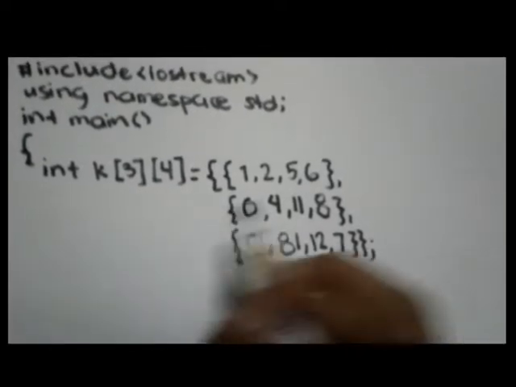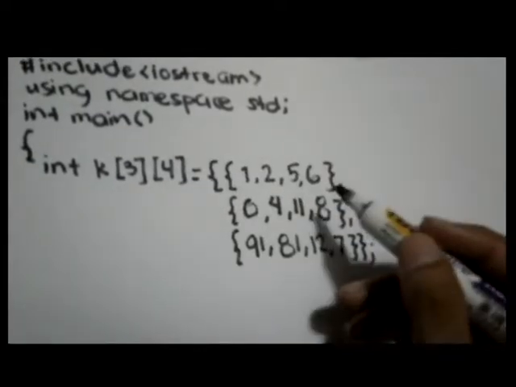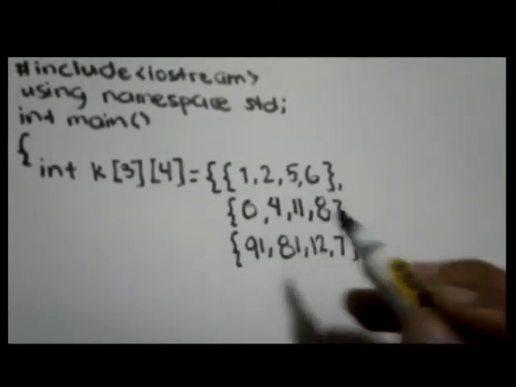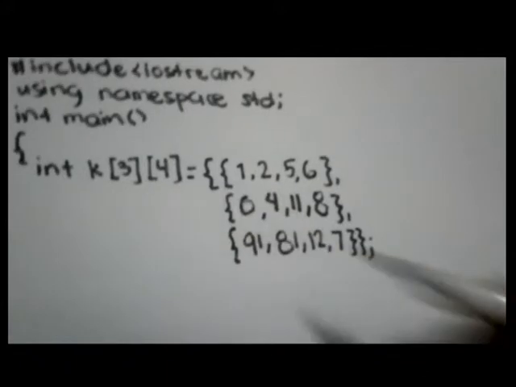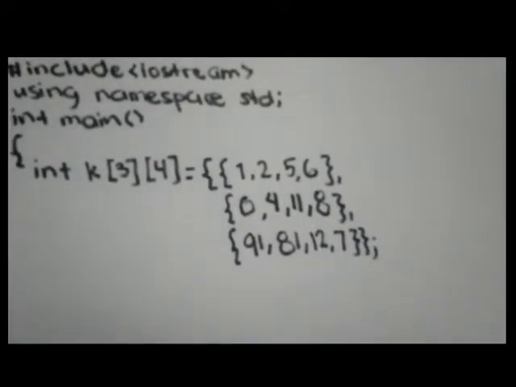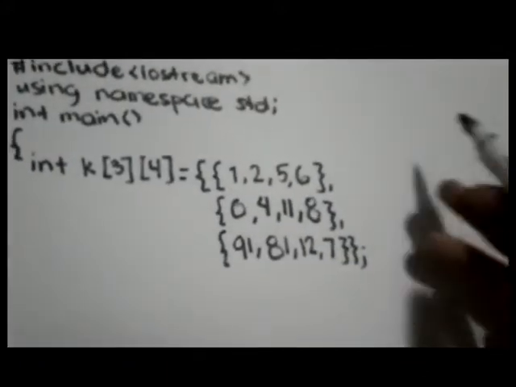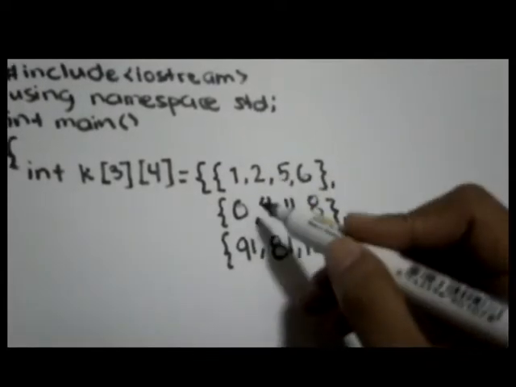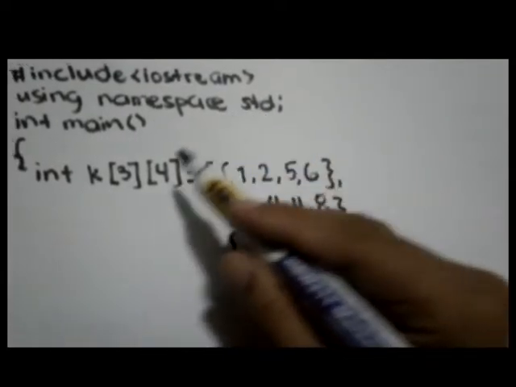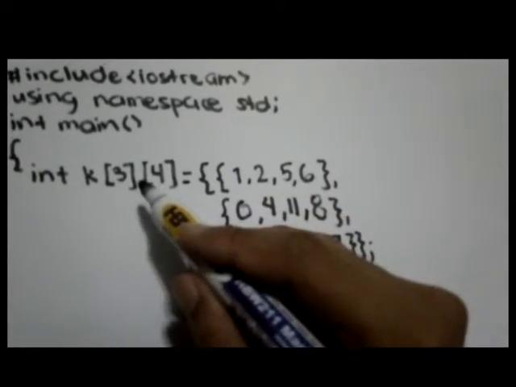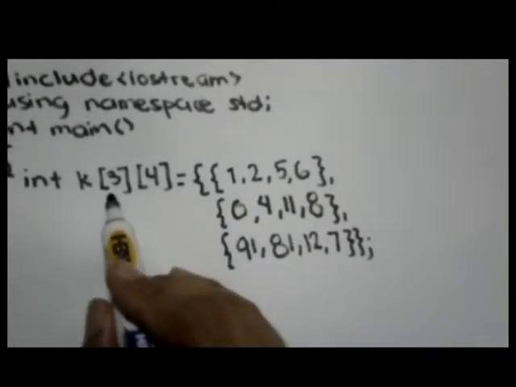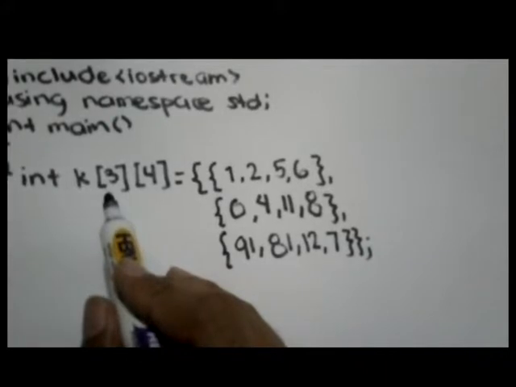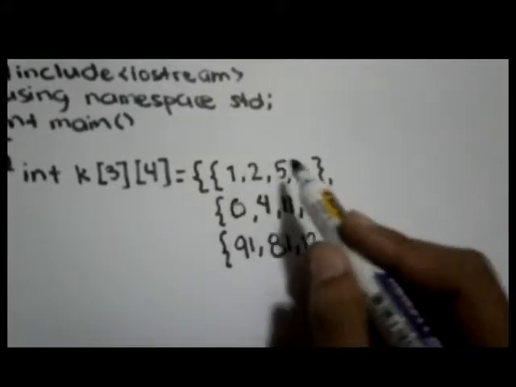So now this is how we use the array, how to allocate the value inside our array. Now I will explain to you how these values can be inside of this, because here we have 3, so we will have 3.